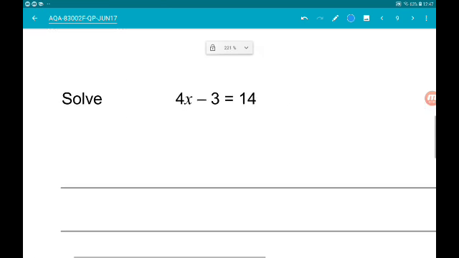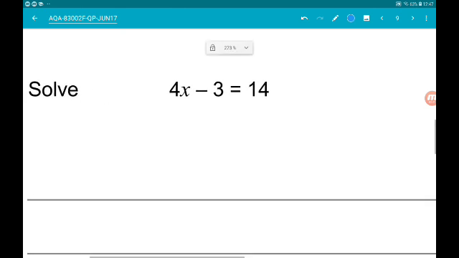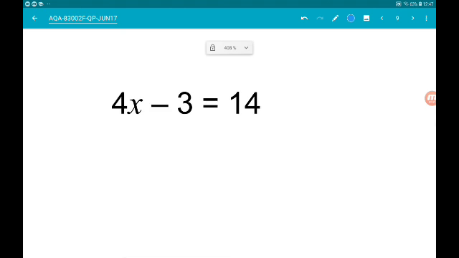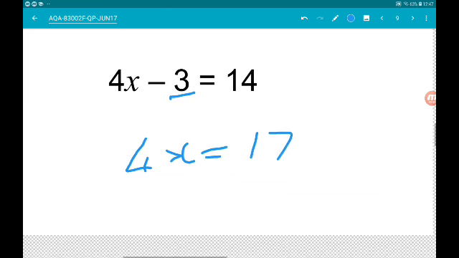Question 11 wants us to solve 4x minus 3 is equal to 14. So solve means get x on its own with a number on the other side. So first thing we need to do is sort out this minus 3. So we're going to add 3. So we get 4x is 17.